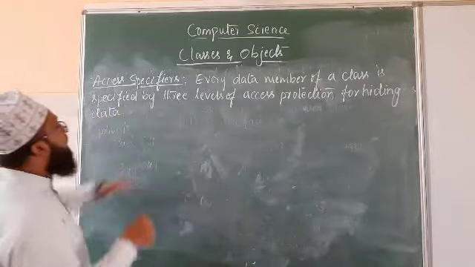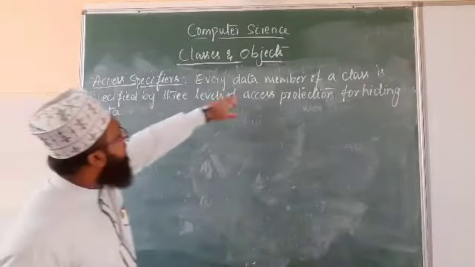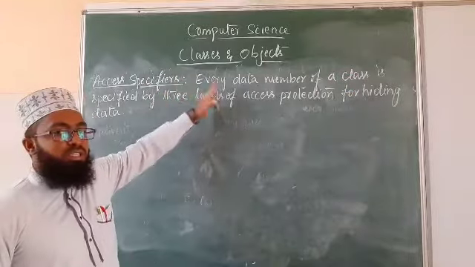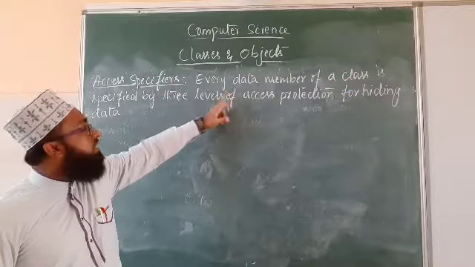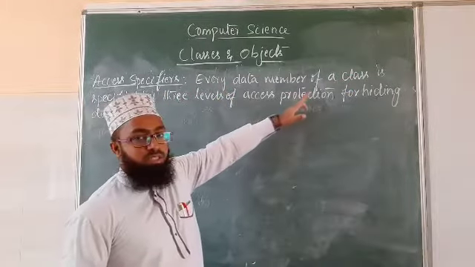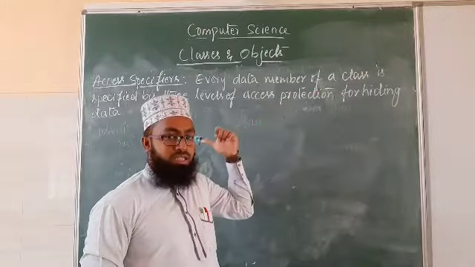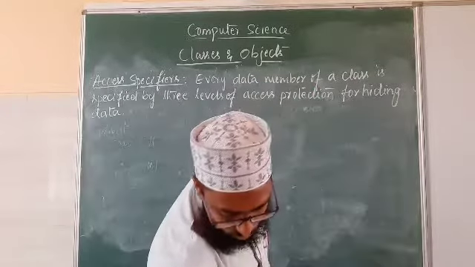Look, every data member of a class has three levels of access protection for hiding data. Later I will explain this.